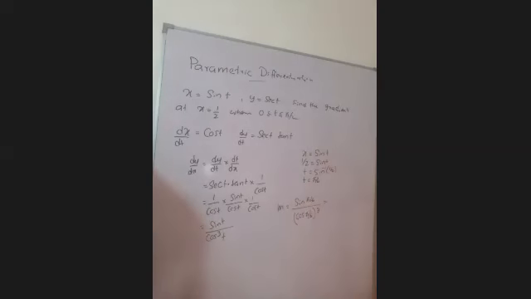Right. Sin pi by 6 is, sorry, it's half.